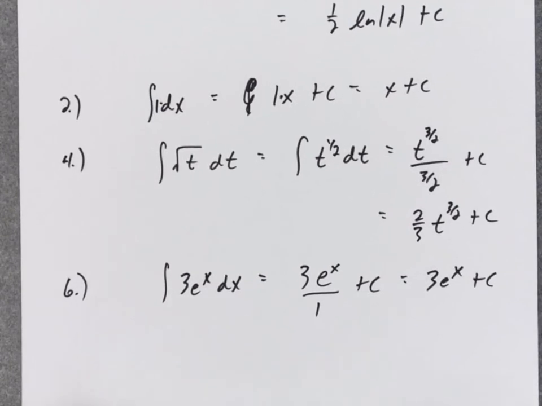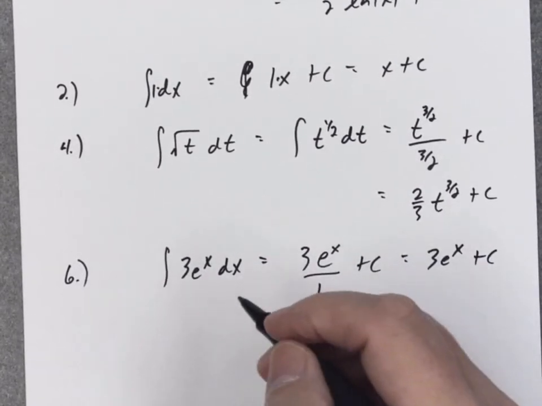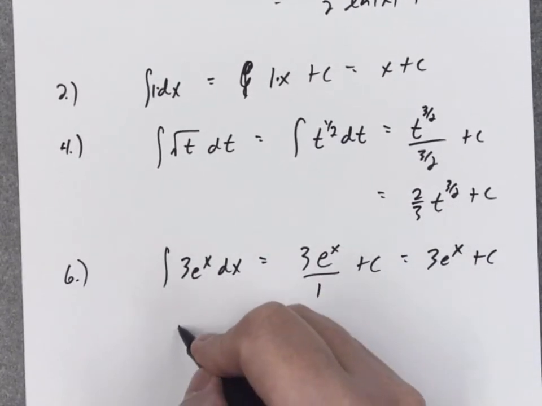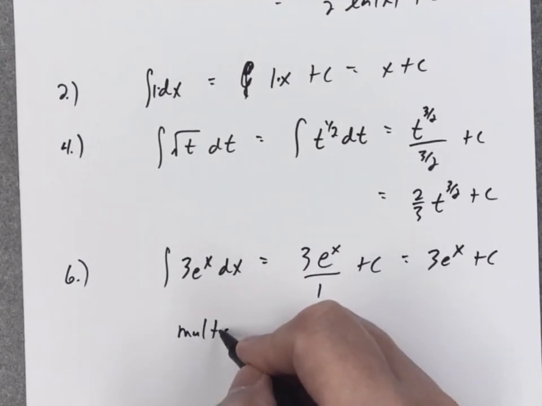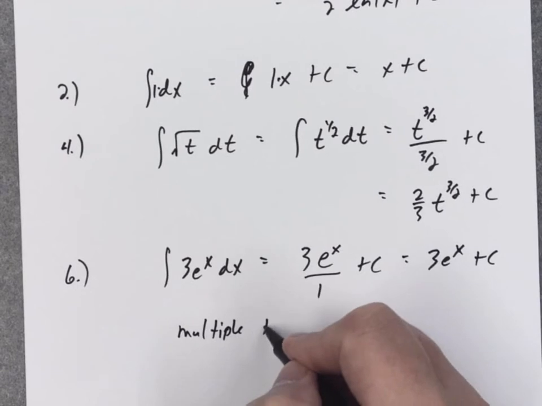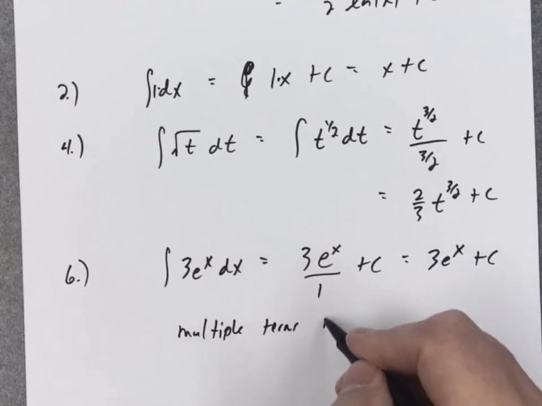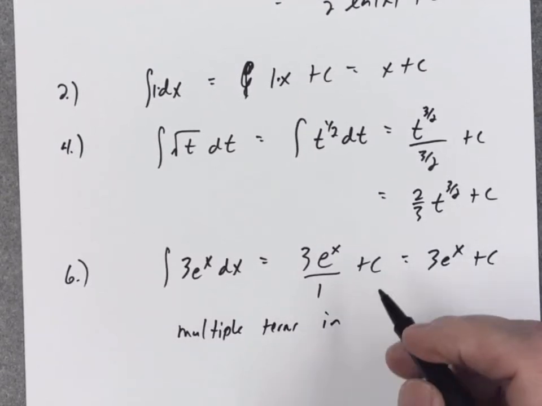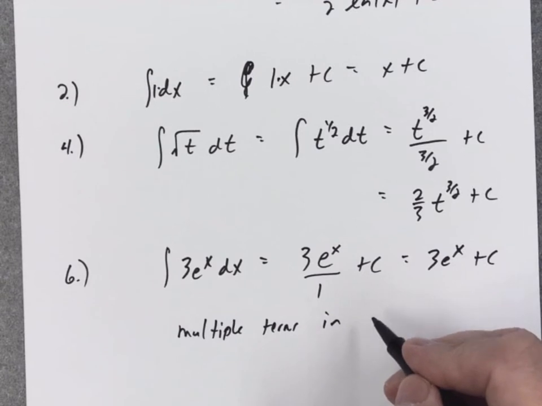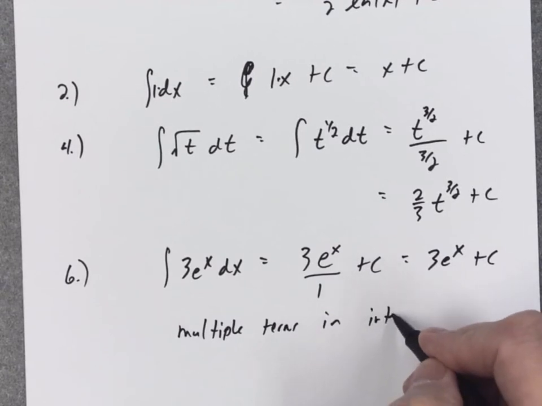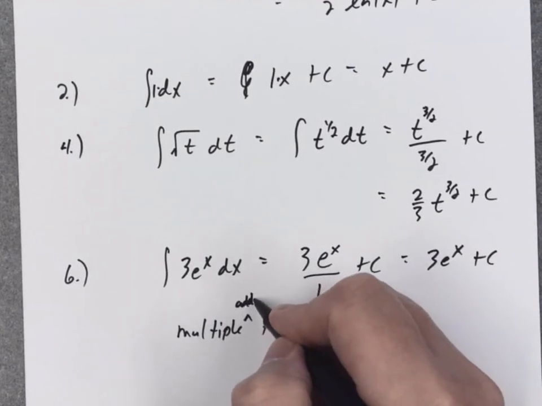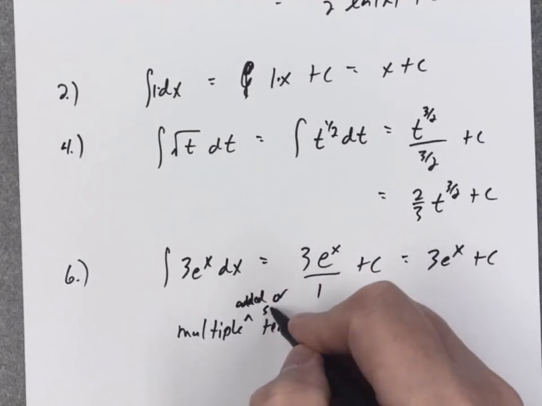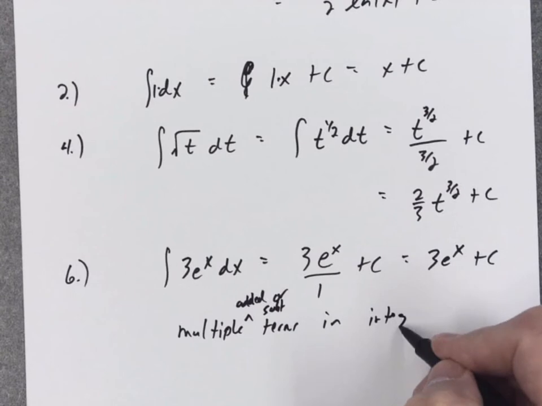Now, something new. What happens when you have multiple terms, added or subtracted terms in the integral?